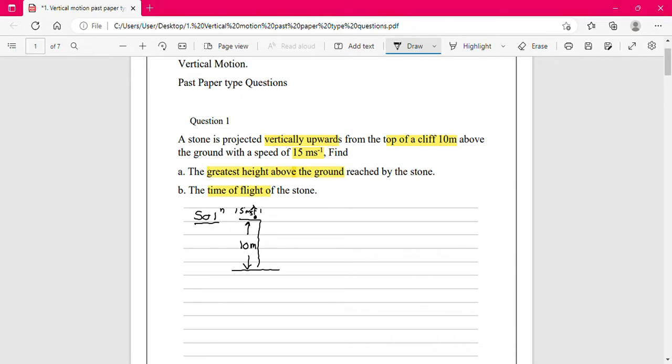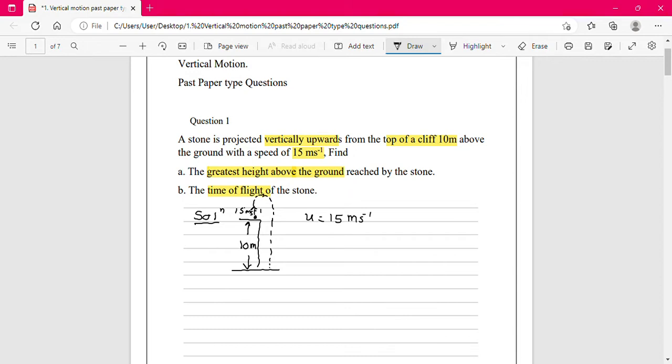So it will go to the maximum height and come back to the ground. So what things are given to you? Note the data with the proper symbol. The initial velocity is given to you. U is 15 meters per second.